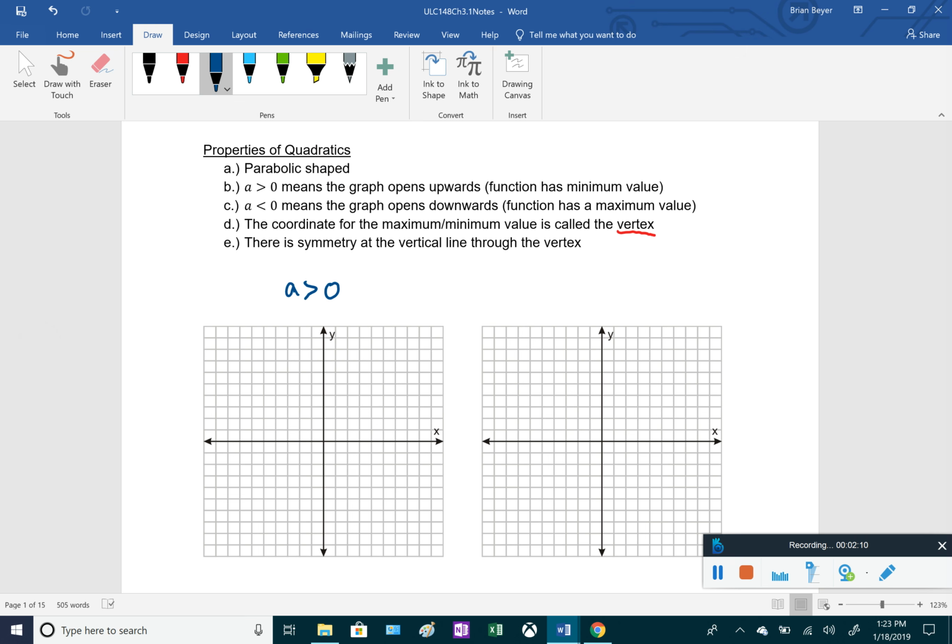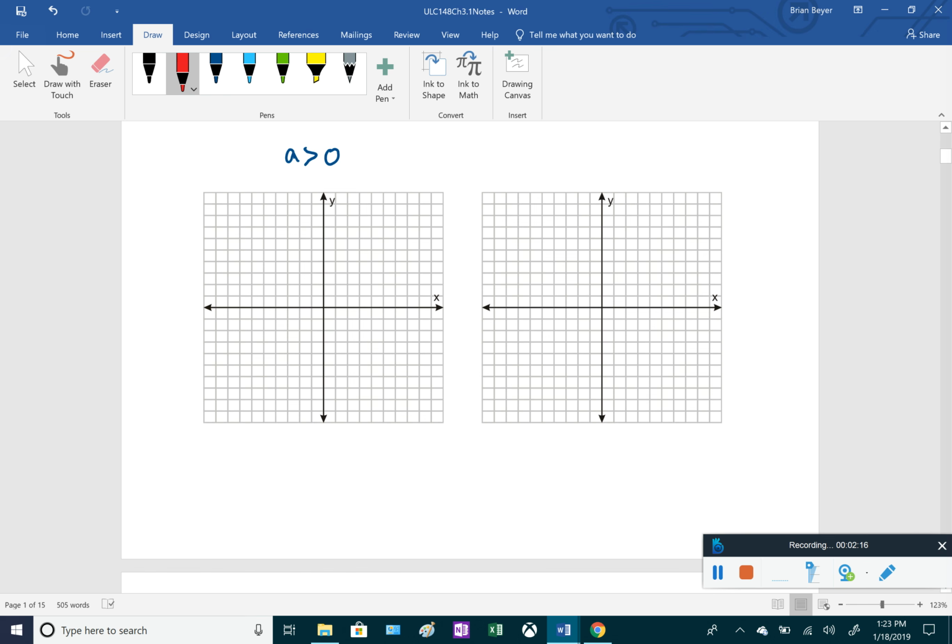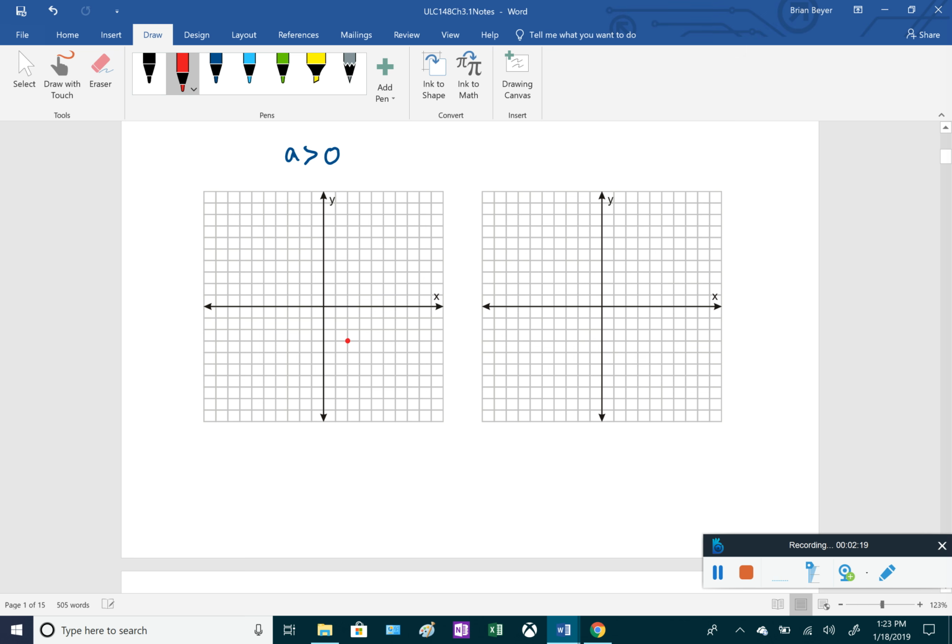So let's say we have a quadratic and the a is positive, meaning it opens up. And let's say it looks something like this. Right, so that's the parabola, so it kind of looks like a U. We have this point right here as the vertex.